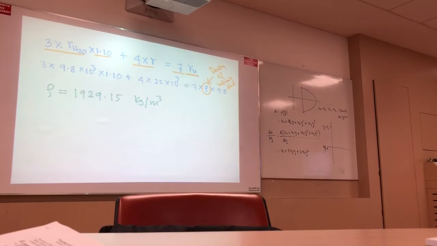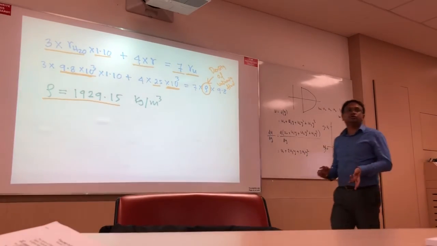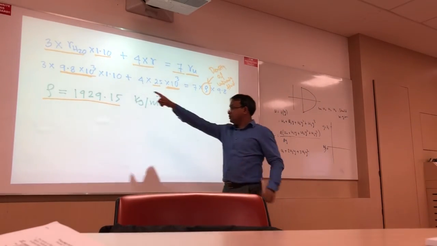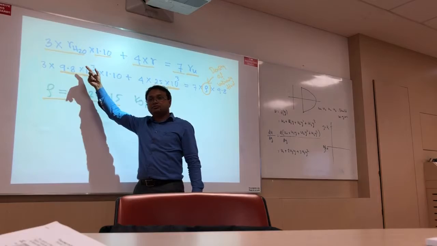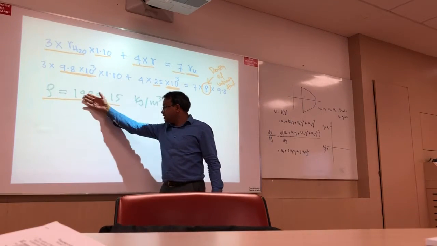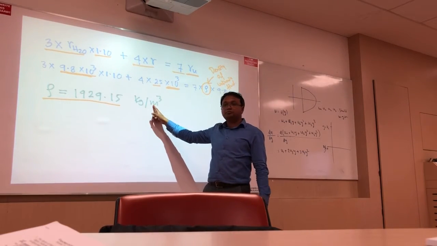Alright? Then the unknown fluid density is this. So gamma, this one I put 9800, right? So this one is 25 times 10 power 3, because I have to convert kilonewton to newton, because I am going for 9800. This is the result.